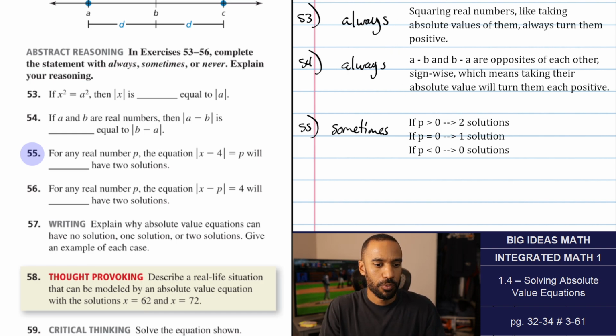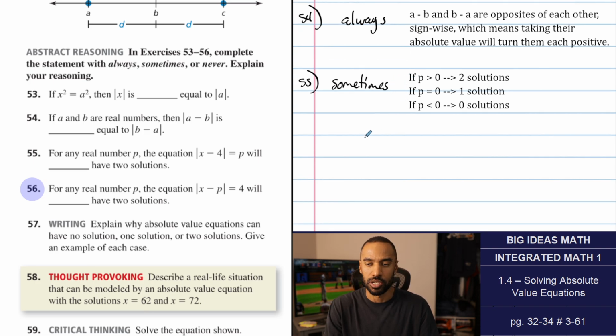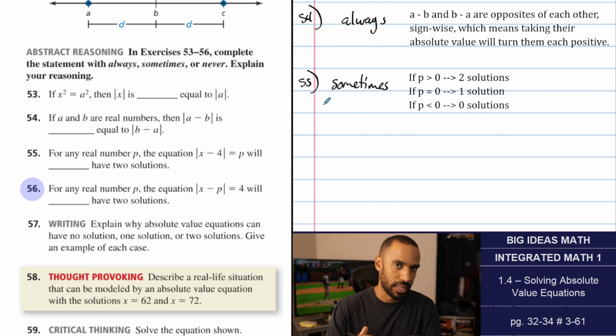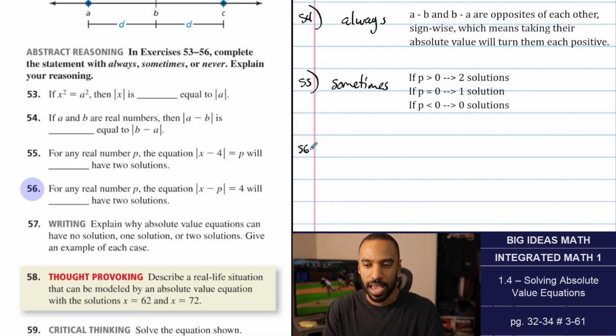Number 56, for any real number p, the equation absolute value of x minus p equals 4 will blank have two solutions. Yeah, it doesn't matter what p is in this case. As long as that other side's positive, you'll always have solutions. p can be positive, negative, it can be 0. It's always going to be that the inside equals positive 4 or the inside equals negative 4, and you solve for x. 4 is just a constant. x is solvable.